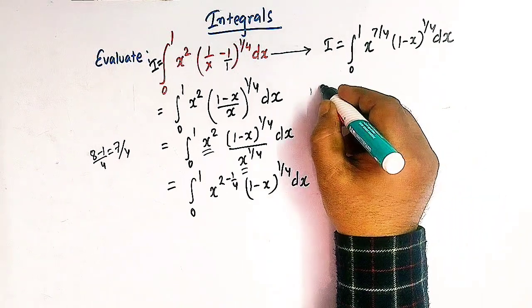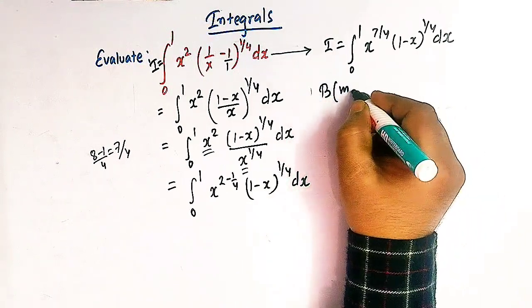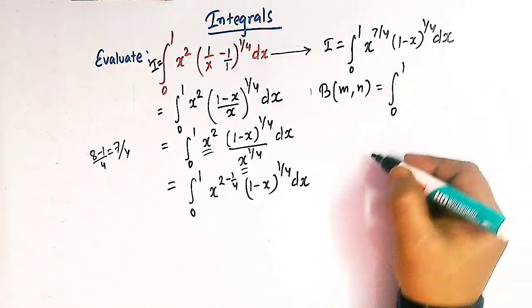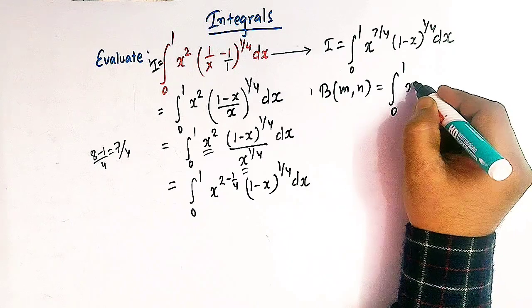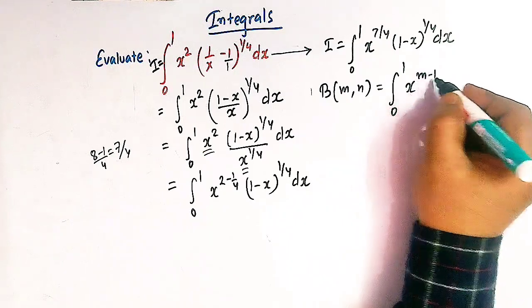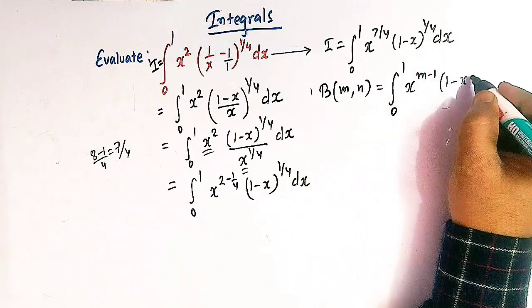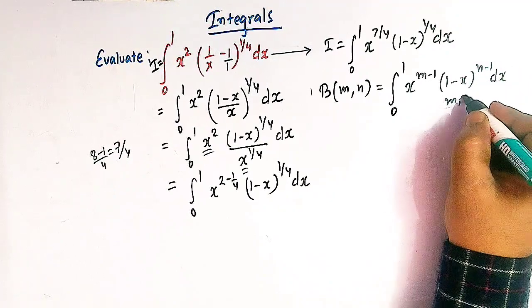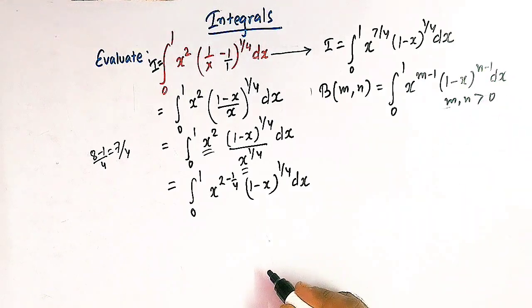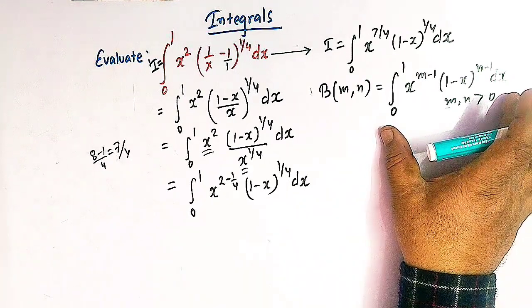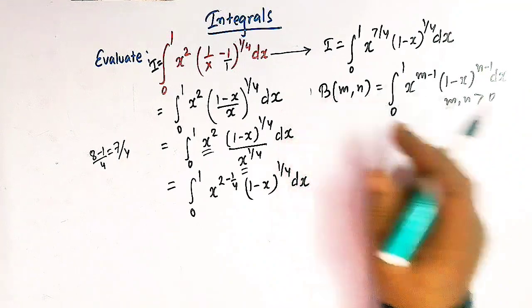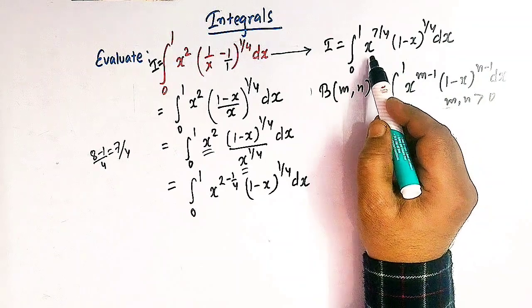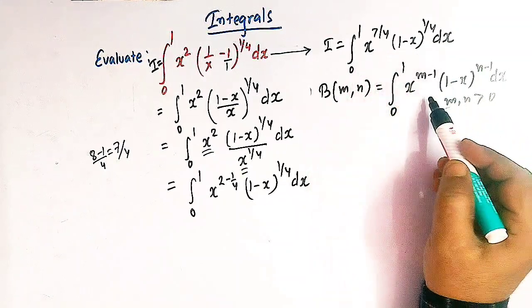So now the beta function is defined as beta m comma n is given by this integral, that is 0 to 1, and we have say x raised to m minus 1, and here we have 1 minus x raised to n minus 1 dx, where m and n are greater than 0, right? So this integral is known as beta function, and here m and n are positive numbers. So we'll express this integral like this.